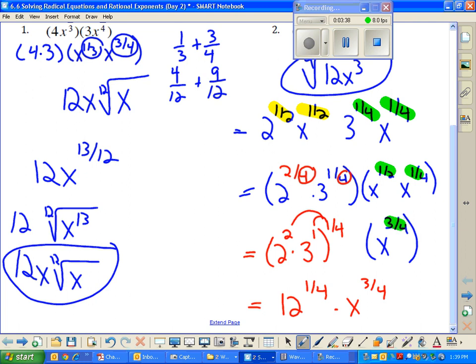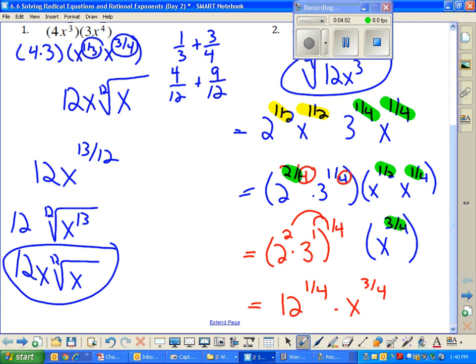So when I saw it my way, I was like, oh, if they were like bases, I would try to add the exponents, and that's what made me think they could have the same denominator. If you were adding a 1/2 and a 1/4, the LCD would be 4. So a 1/2 is just 2/4. So that's where the 2/4 came from, right there.